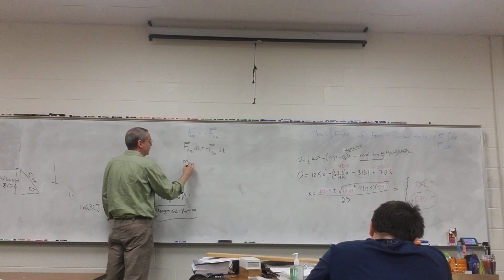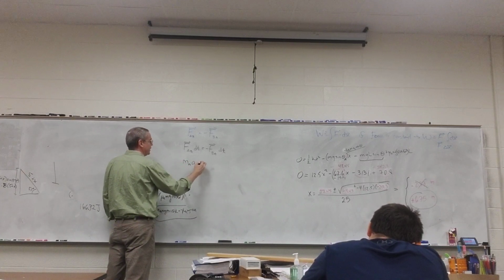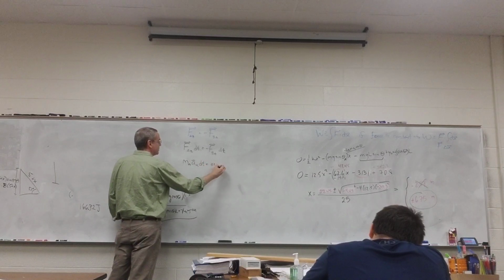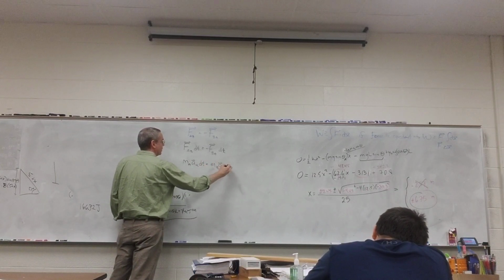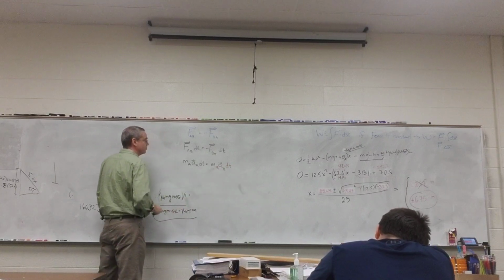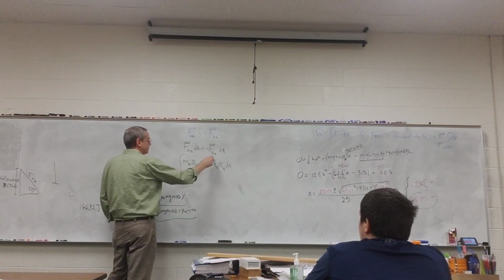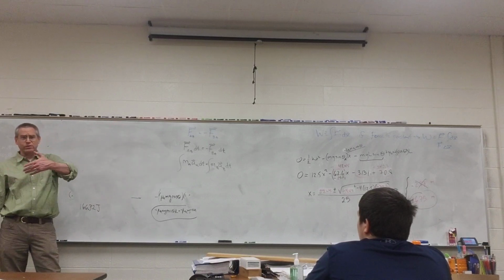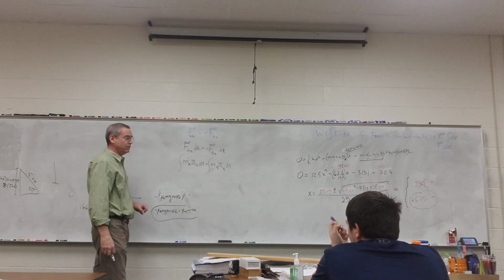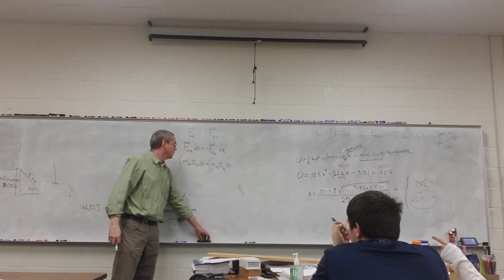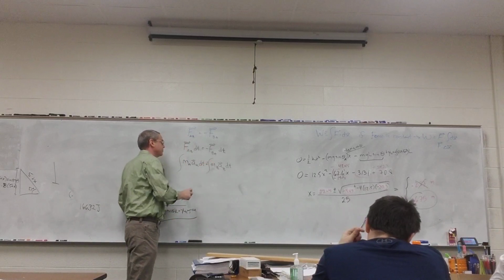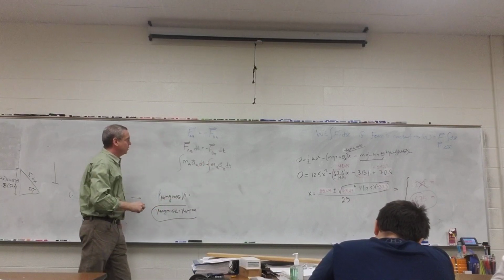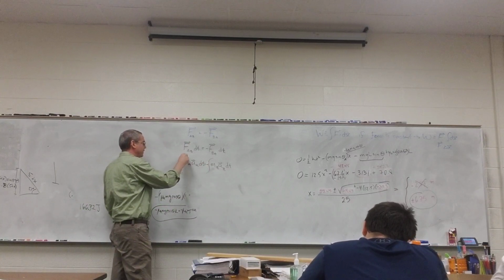So we have mass of A times the acceleration of A dt is equal to negative mass of B times the acceleration of B dt. Integrate, because Newton's third law is true over the entire duration of hitting each other. This is from some initial time to some final time.